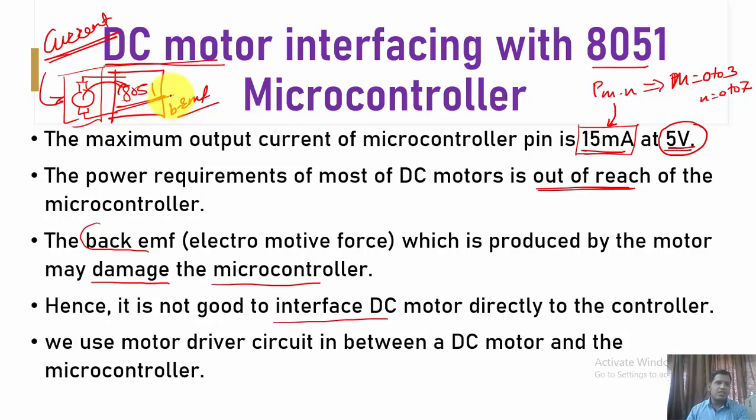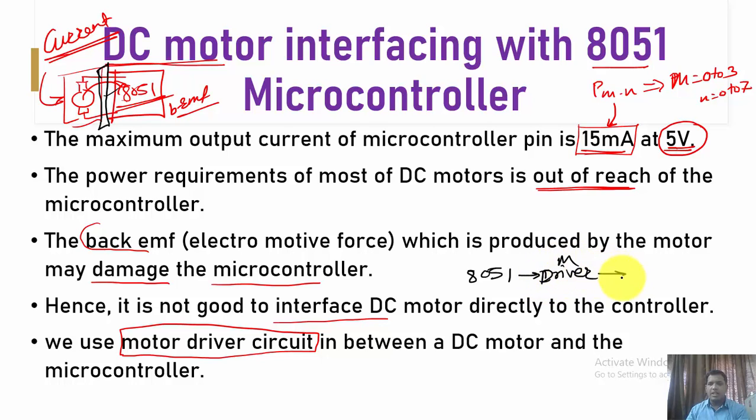To tackle this situation, we rely on a motor driver circuit, which is connected in between the DC motor and the microcontroller. So instead of connecting the DC motor directly with the 8051 microcontroller, we make use of this motor driver circuit in between the 8051 microcontroller and the DC motor.